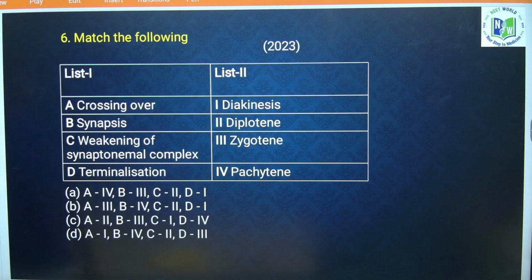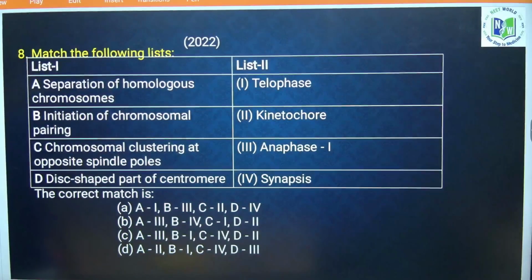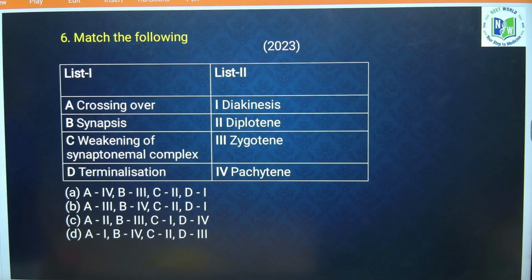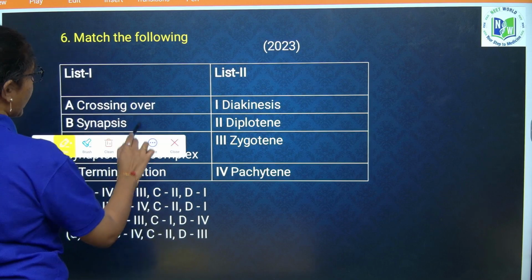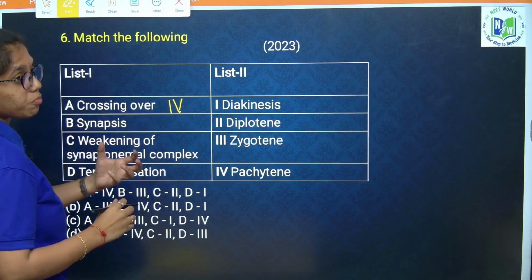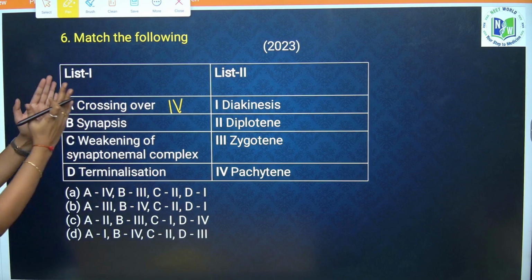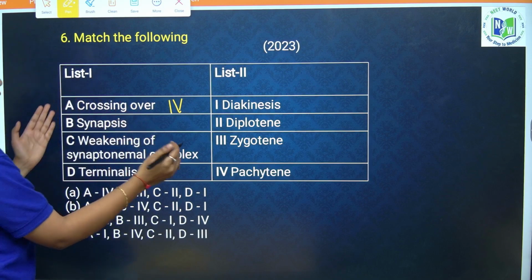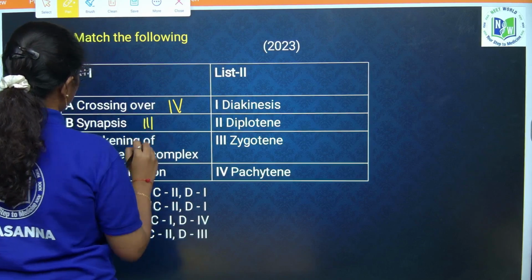Next question is match the following type, which appeared during 2023 only. Crossing over occurs in pachytene, of course. Option 4, synapsis or synaptonemal complex formation, wherein homologous chromosomes are paired, happens during zygotene, that is option 3.